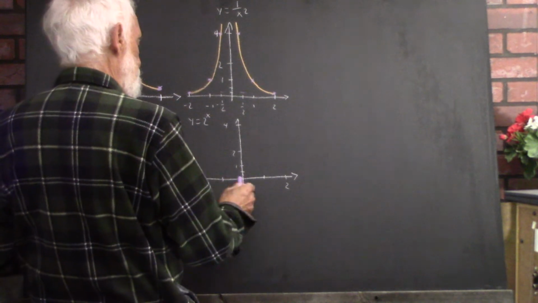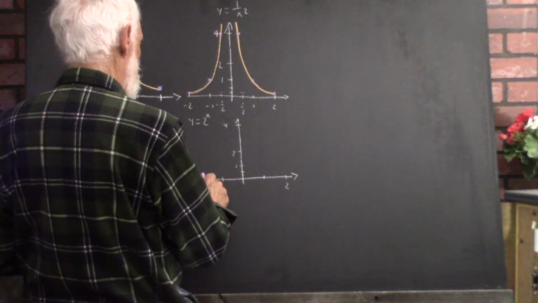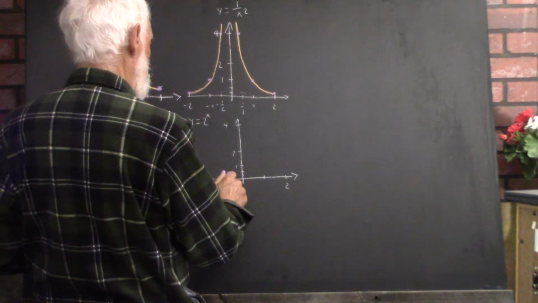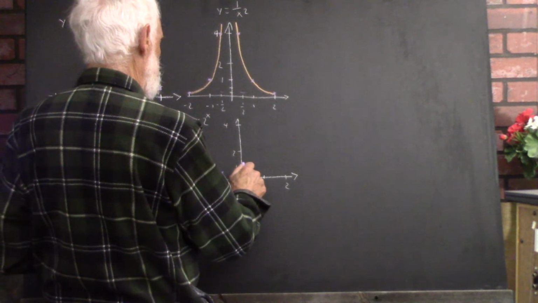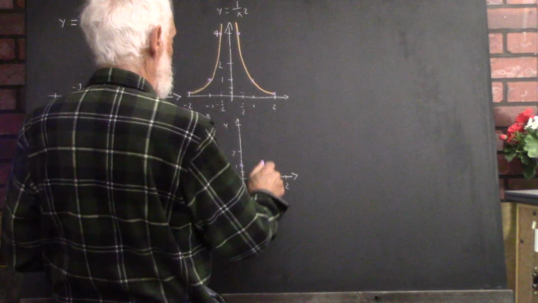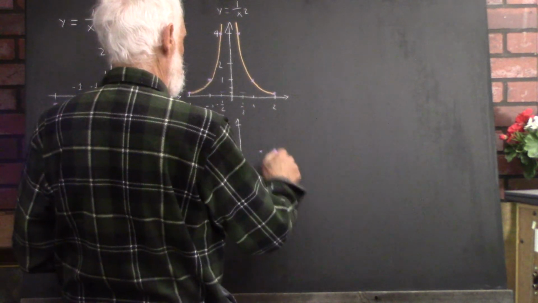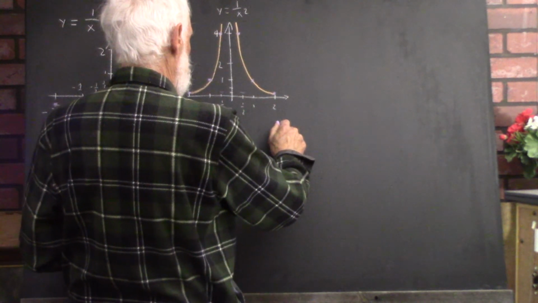Plotting our points, at -2 the value is 1/4, at -1 the value is 1/2, at 0 the value is 1, at 1 the value is 2, at 2 the value is 4.